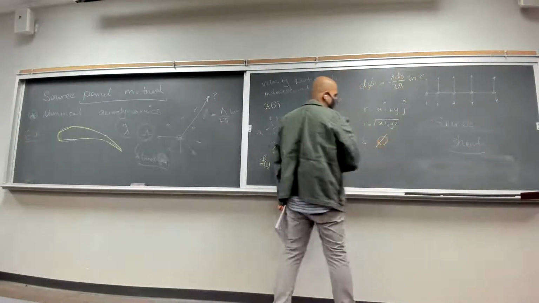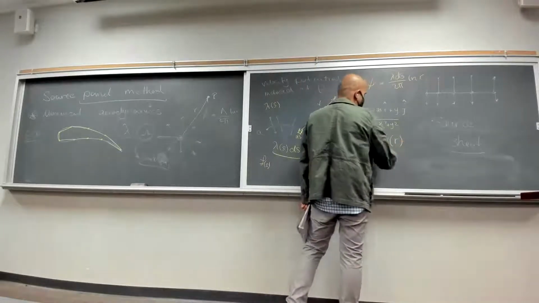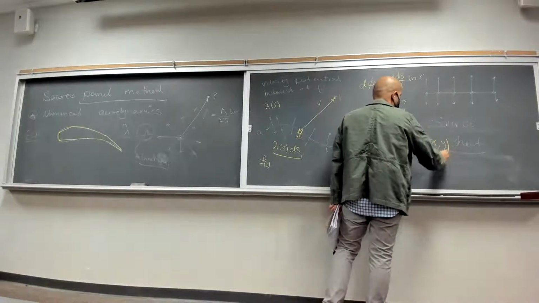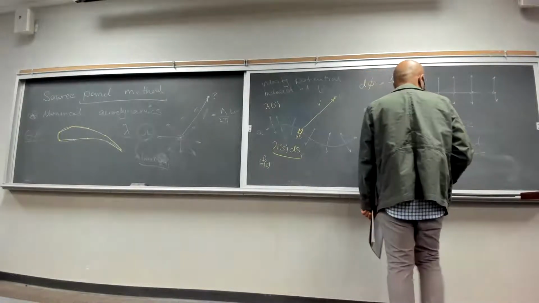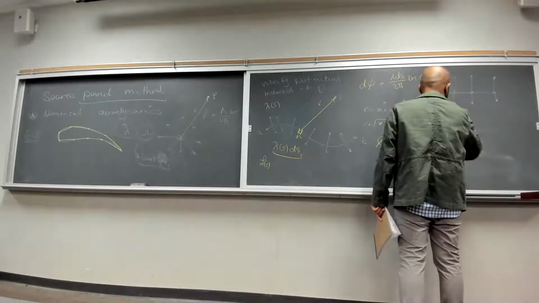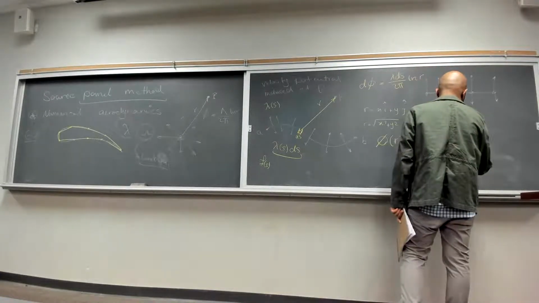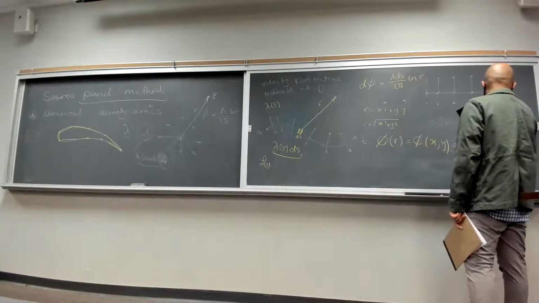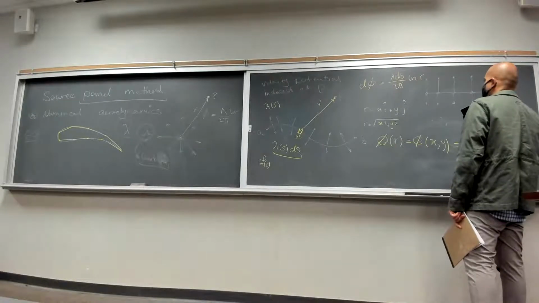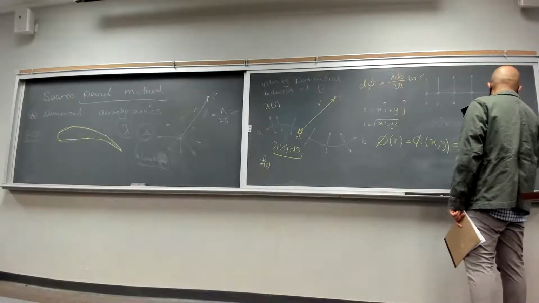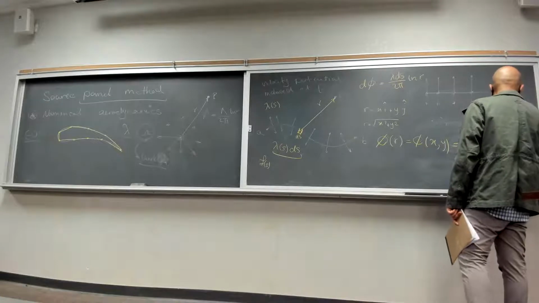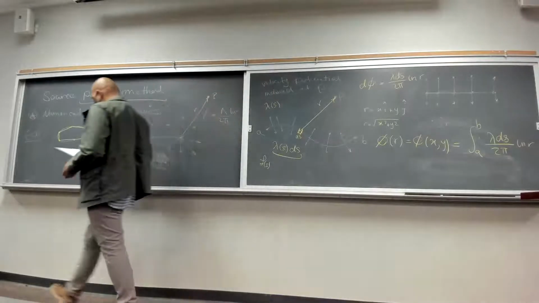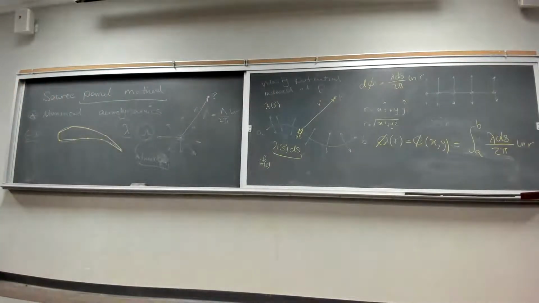So your phi, which is a function of r, which essentially means that it is a function of x and y, is going to be equal to the integral from A to B of lambda ds over 2 pi natural log of r.